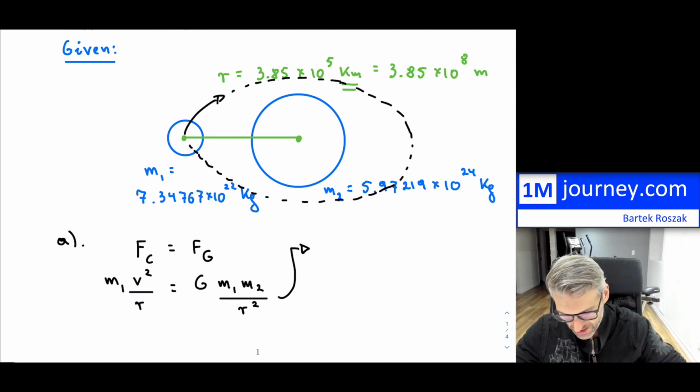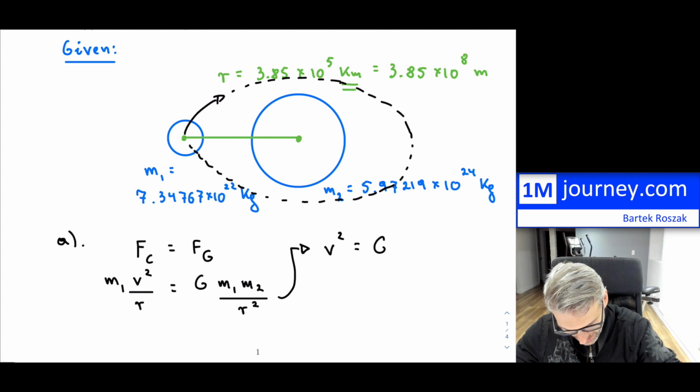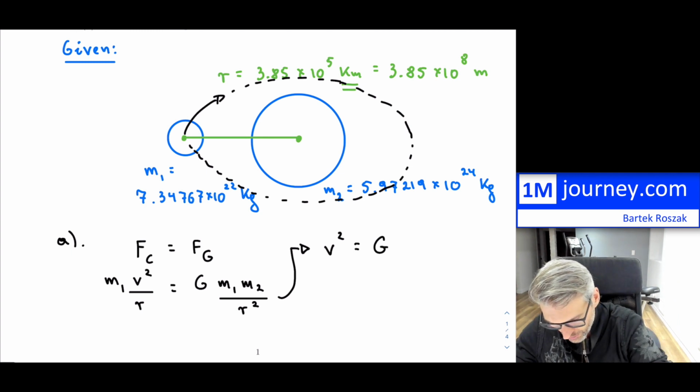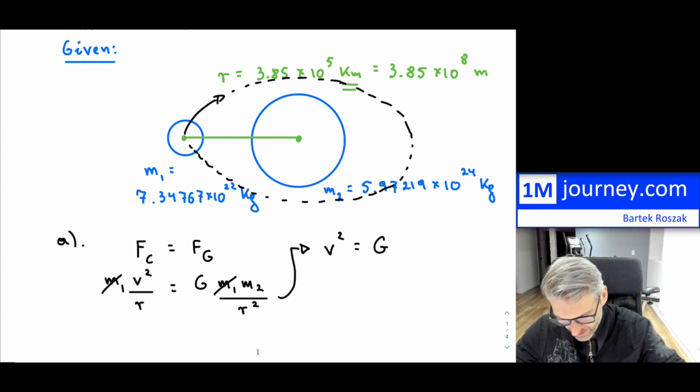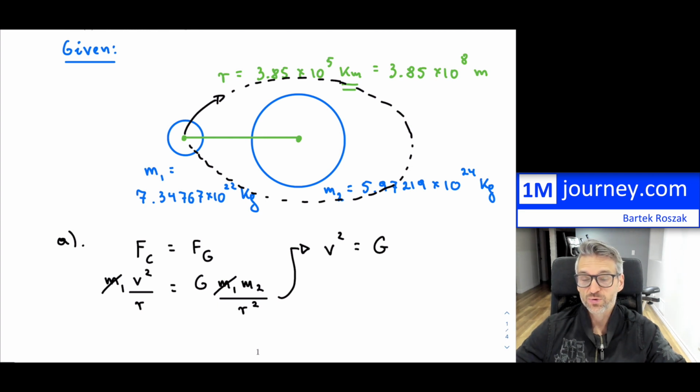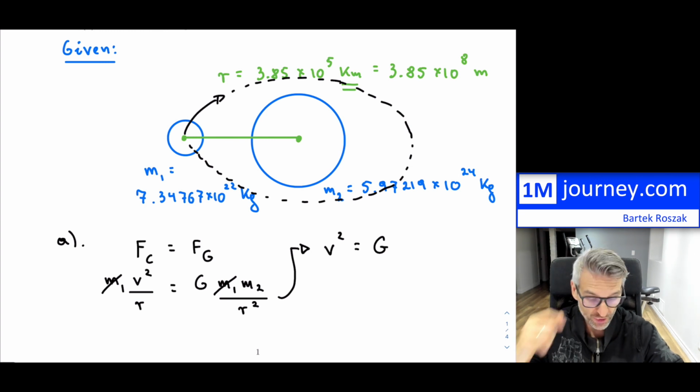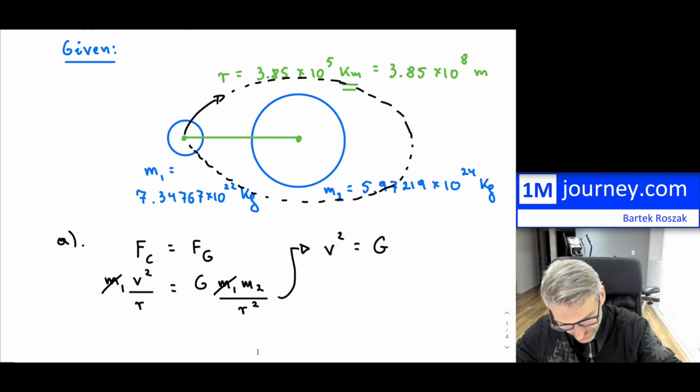Now, if I rearrange this, what I'm going to get is v squared equal to capital G in there. Notice that M1 and M1 cancel, so the mass of the moon itself cancels, leaving only the mass of the Earth, mass number 2.